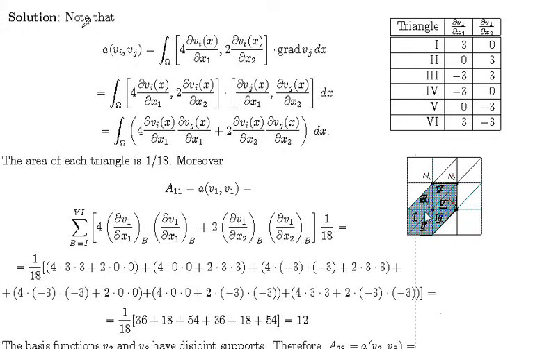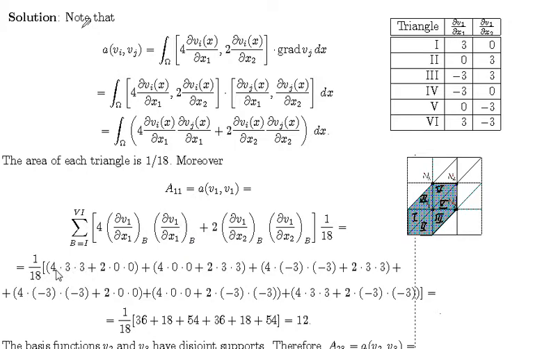So if we start with the first triangle here, we know that we have this 4, the number 4 should be multiplied with the value of the partial derivative of v1 with respect to x1, which is equal to 3 according to the table, multiplied with the same derivative.